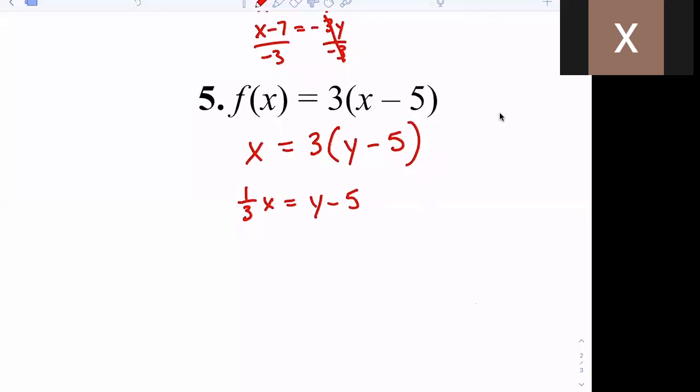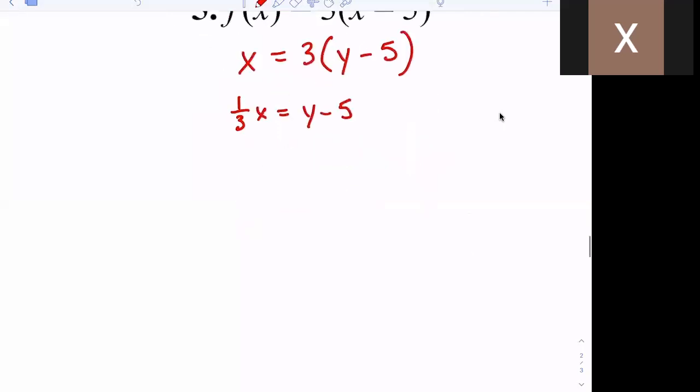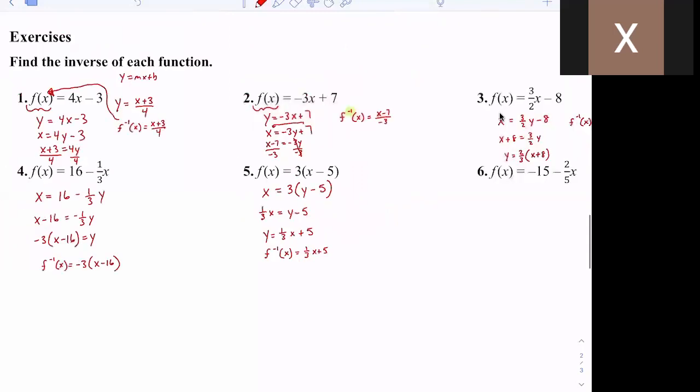Now what? Add 5. So y equals 1/3 x plus 5. So now f inverse of x equals 1/3 x plus 5. That's the inverse.